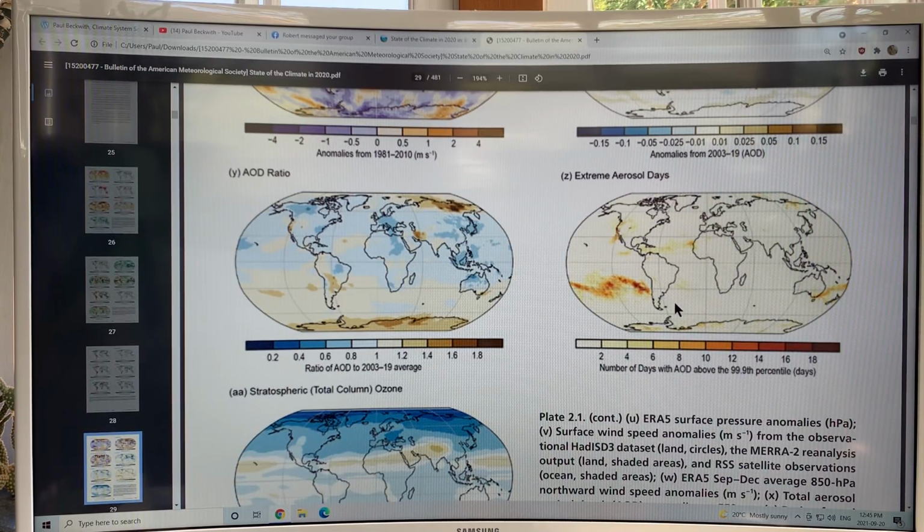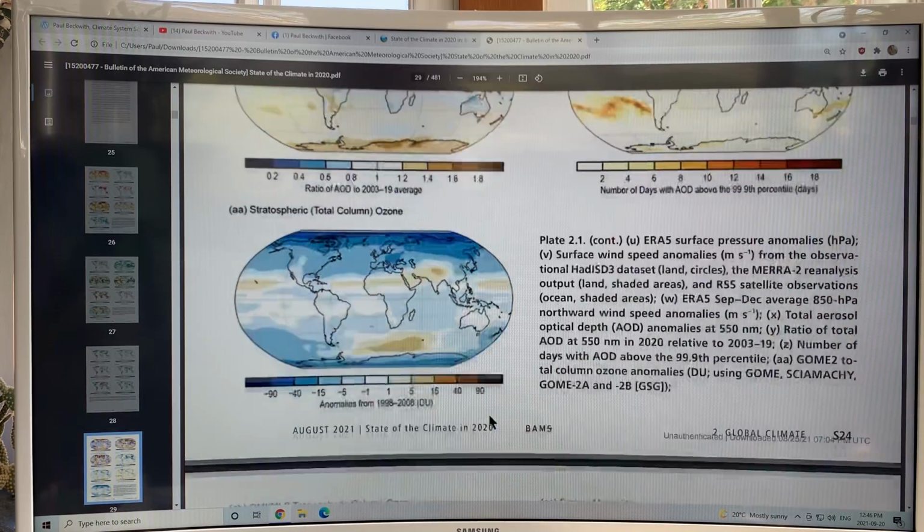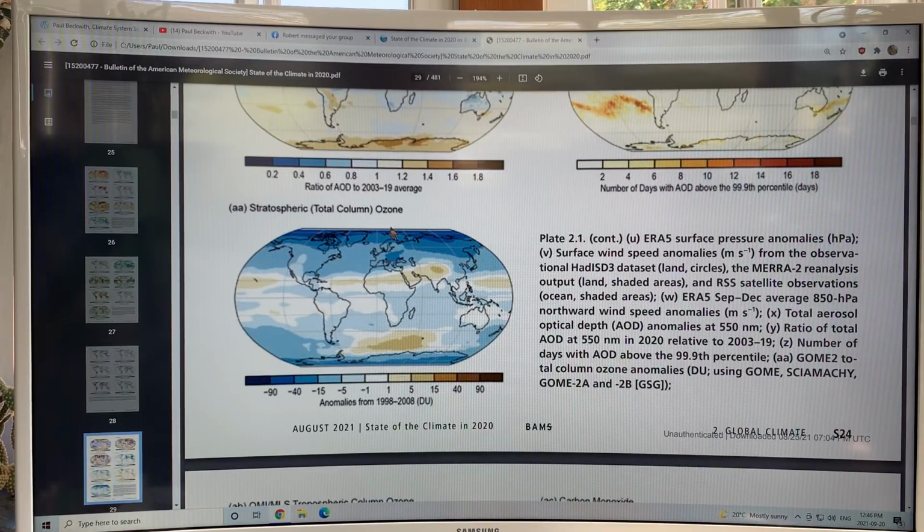This is days where the aerosol optical depth is above the 99.9th percentile. So extremely high aerosol days, the number of days increase, and you can see that, I guess this is from burning fires in South America. You can see it here, and you can see a bit, well, this extends all the way over almost to Australia here.